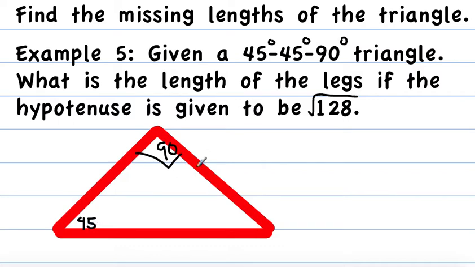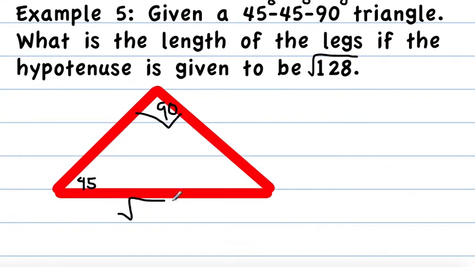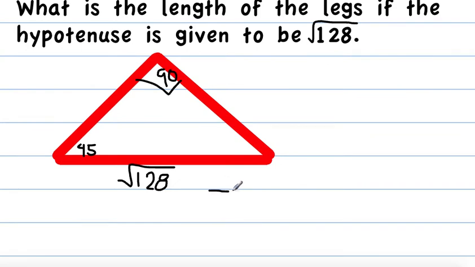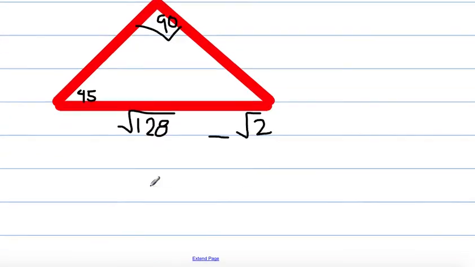And it told us that the hypotenuse was the square root of 128. Well, our goal is to find some number times the square root of 2. So let's try and simplify 128, which is going to be 64 times 2.